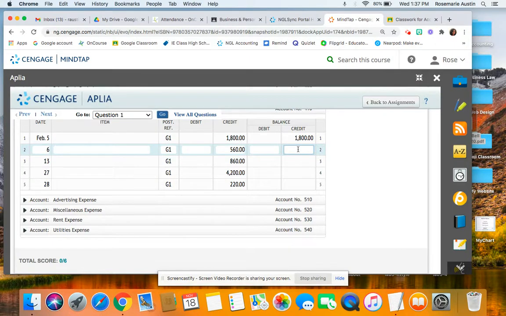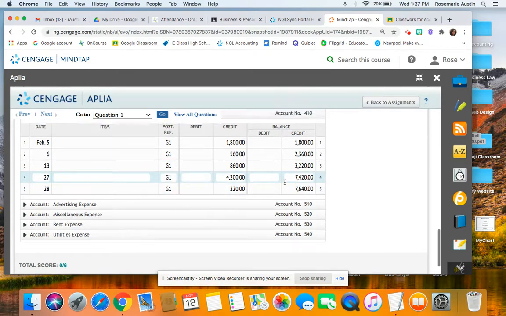You want to add in 560, and you have a balance now of 2,360. Add 860 to that, 3,220. Add 4,200 to that, 7,420. And add 220 to that, and you have 7,640. All right, and that's done.